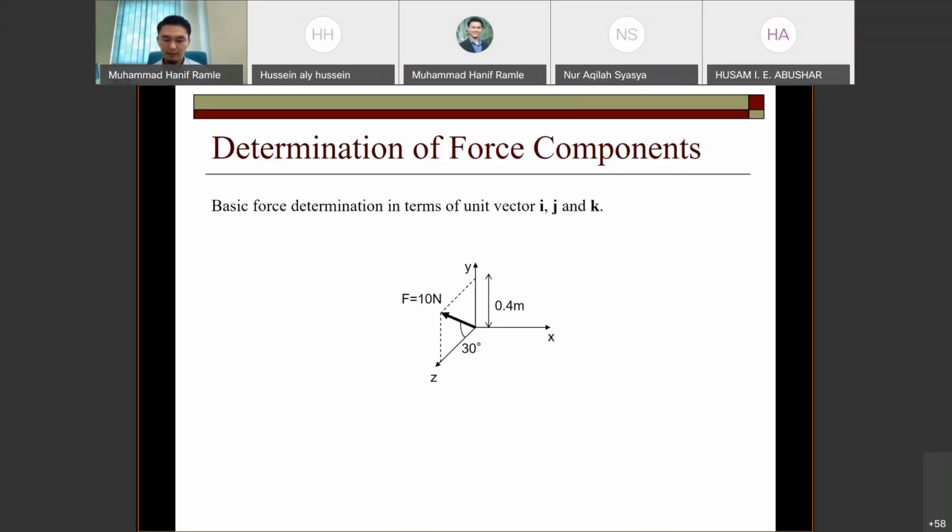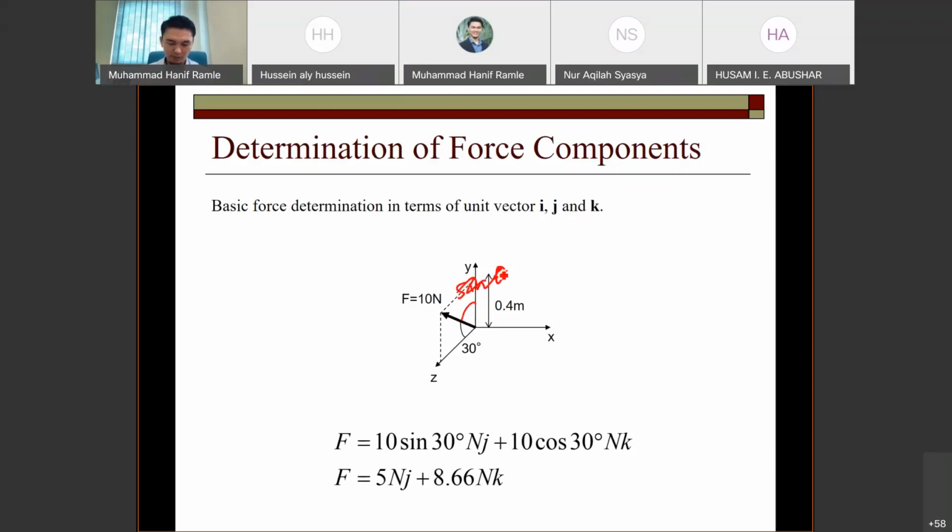So similarly, you have to apply 2D because the force is on the YZ plane only. So you can use the angle only to calculate the resultant. You can use the angle to resolve the force into two different components, like shown in the slide. So of course, this one is sine theta.